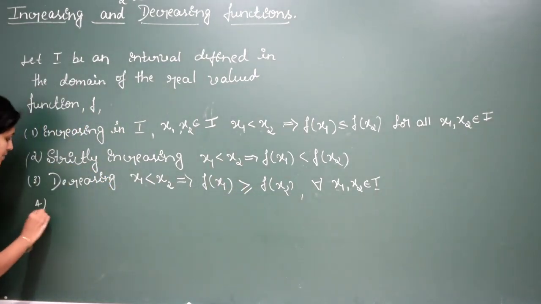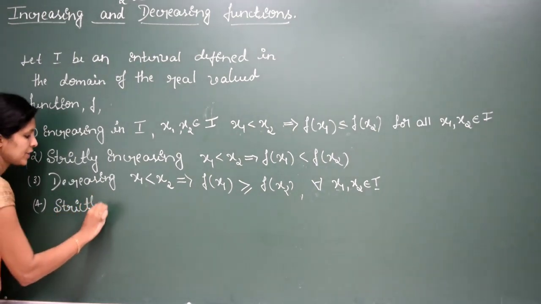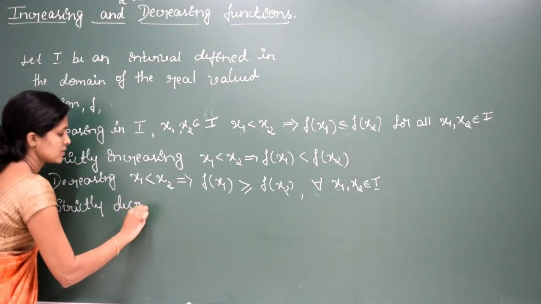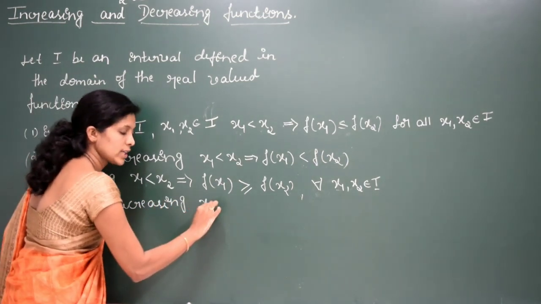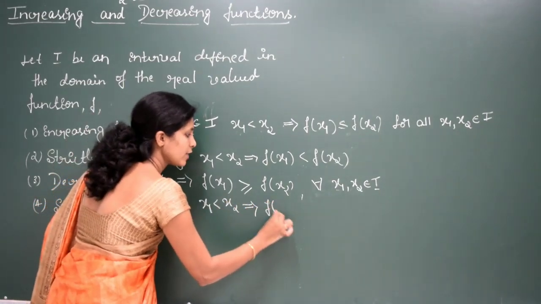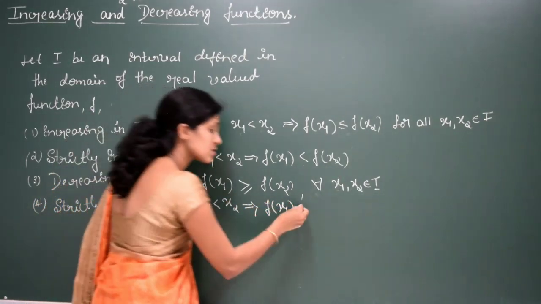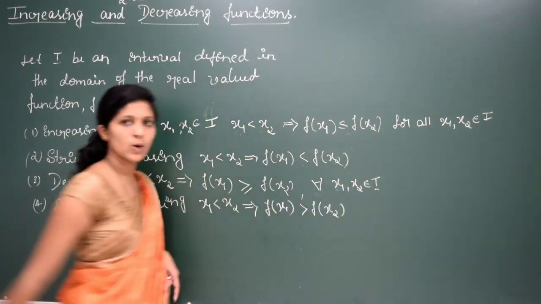So the fourth one is to say it is strictly decreasing: x1 is less than x2 implies f of x1 should be strictly greater than f of x2 for all x1, x2 belonging to I.